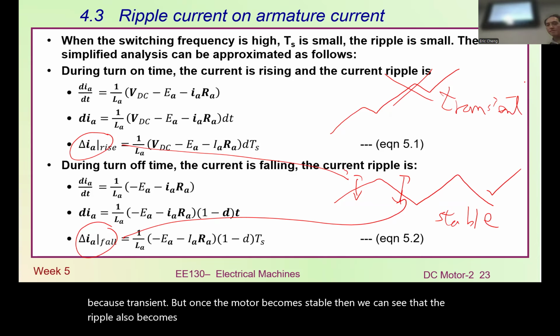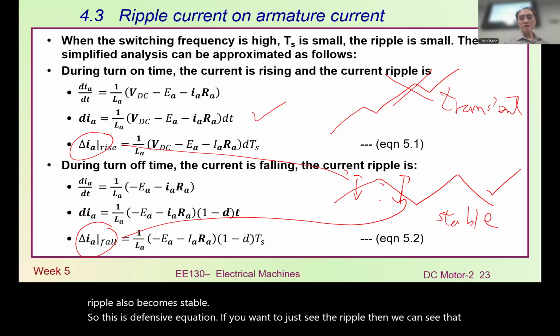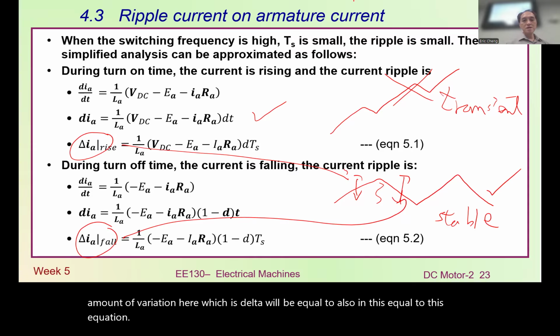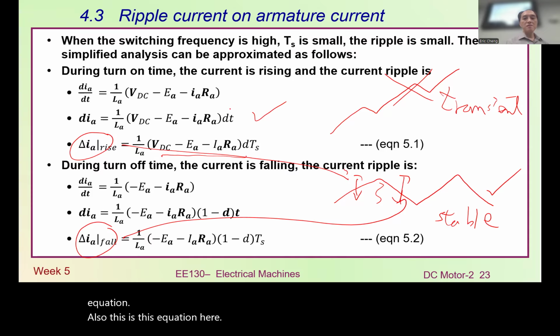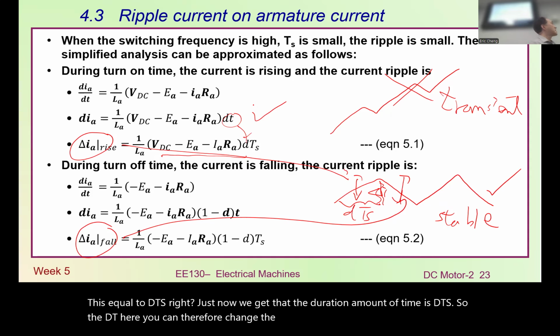So this is the differential equation. If you want to see just the ripple, the amount of variation here, delta I, will be equal to this equation. And the duration here, because we know this is the delta I, is equal to dTs, right? Just now we got that. The duration amount of time is dTs. So the dt here you can therefore change to dTs.